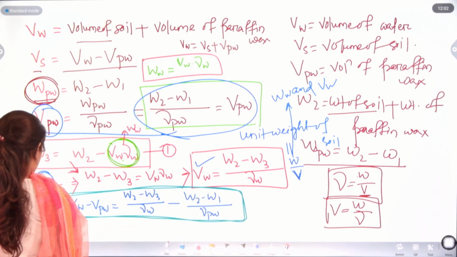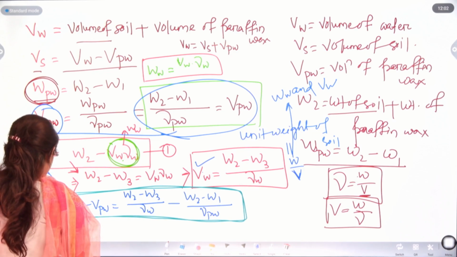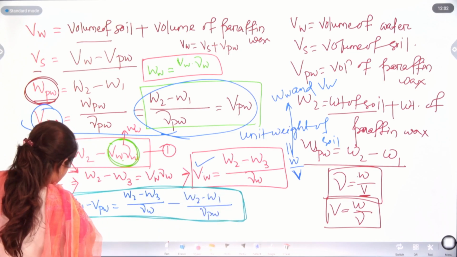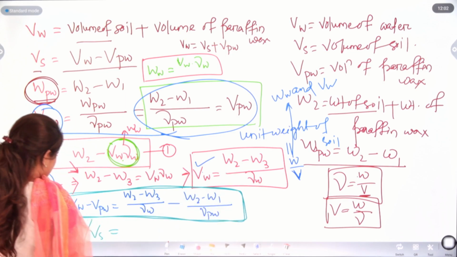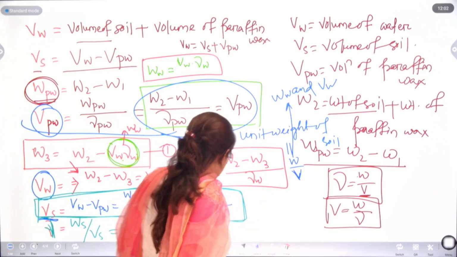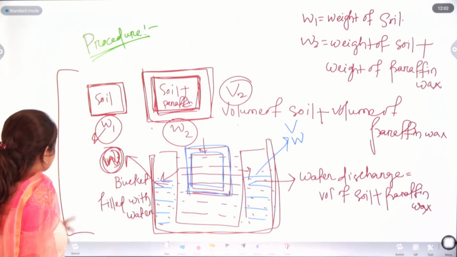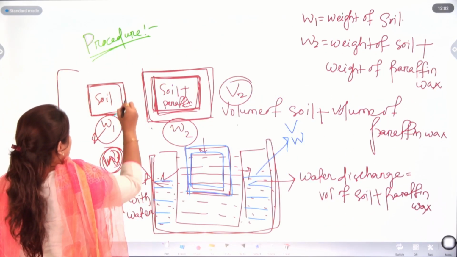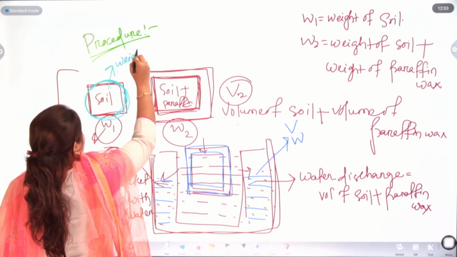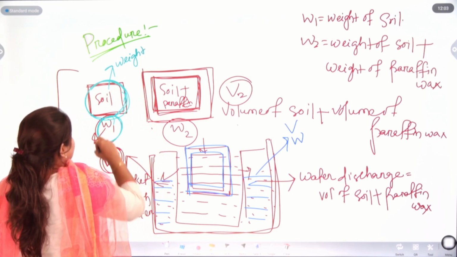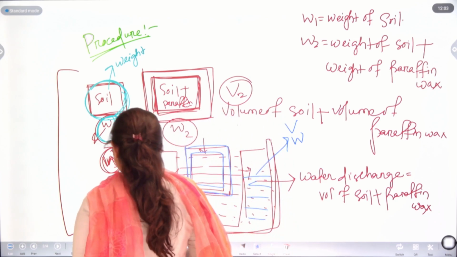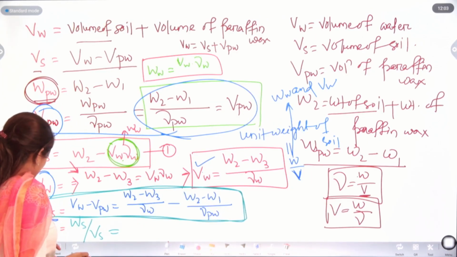Okay. Now what? We have to calculate gamma. So, we need weight of solid upon volume of solid. We have found out the volume of solid. The weight of solid we can find out here. Before application of the paraffin wax, we weighed the soil and we have taken it as W1. If we do that, then we can find out Ws. Okay.